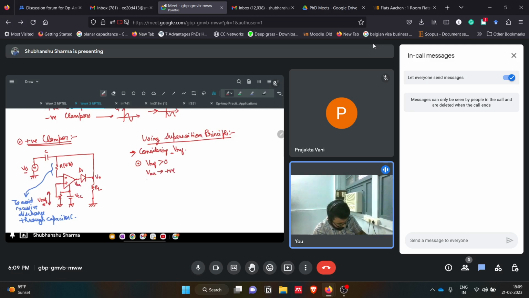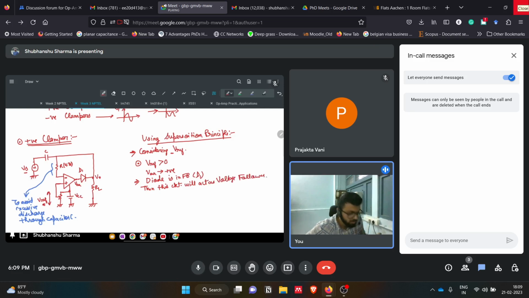That implies diode D1 is in forward bias. Then this circuit will act as a simple voltage follower.